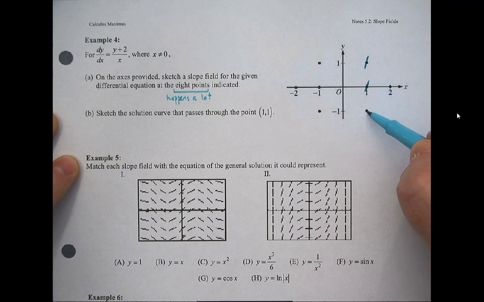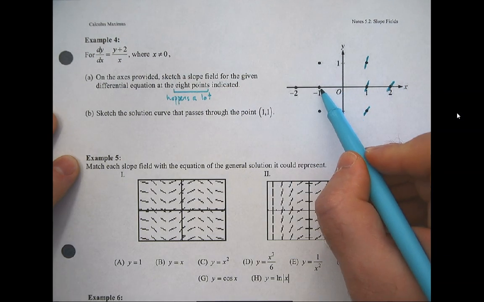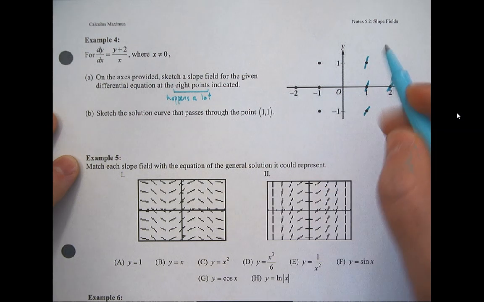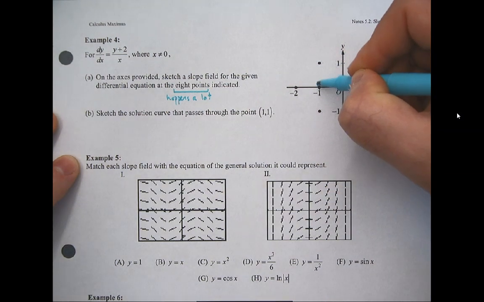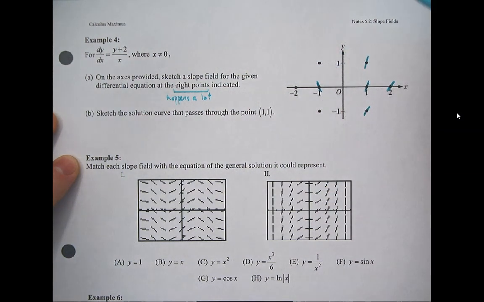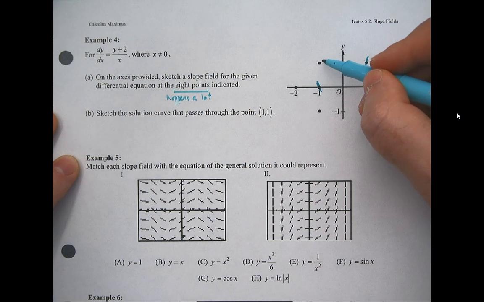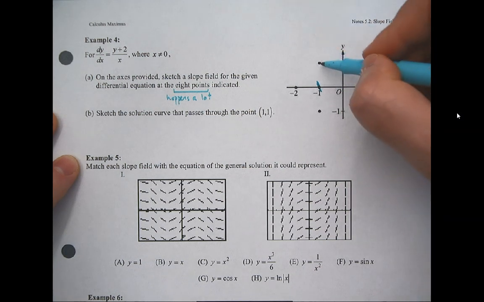This is 1, -1. So that would be 1 for x, -1. So there's our 1 finally. This would be 2, 0. That would also be 1. -1, 0 would be -2. Draw it fairly steep, or try to. -1, 1, that would be -3.